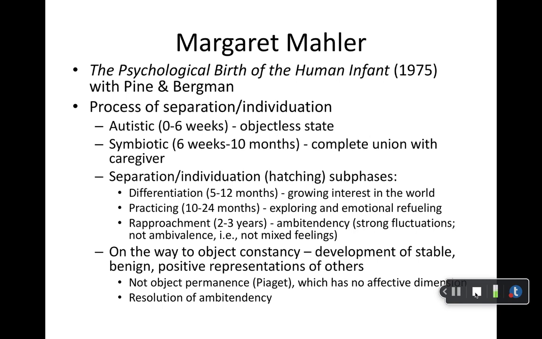This idea of object constancy is not the same thing as object permanence, which is Piaget's idea. We'll come back to this in a few weeks. Piaget's object permanence has no affective or emotional dimension. Object constancy, because it's about relationships with other people, does have both cognitive and affective dimensions. But again, this fourth stage happens with the resolution of ambitendency.